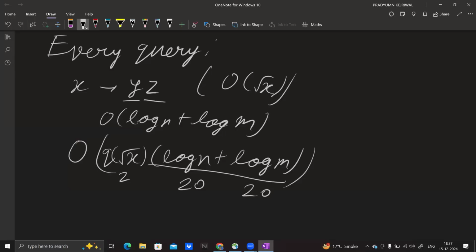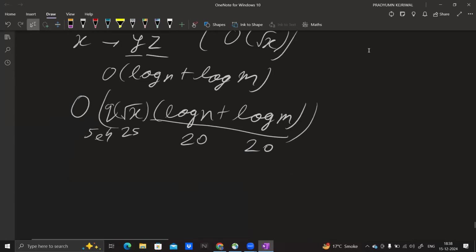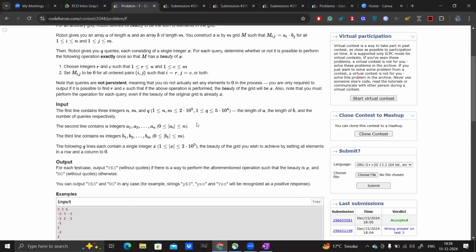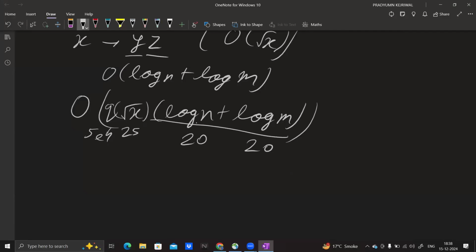Root x is up to, let's say, 250, and q is still 5e4. So this should pass because the time limit is like 4 seconds. This will turn out to be 25 into 20 is 500, and so this is 5e7. It should pass comfortably.